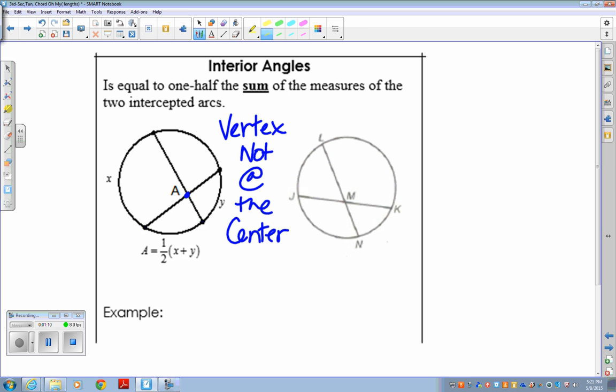It will end up being 1/2 the sum. That means we're going to end up adding the measure of the two intercepted arcs. So angle A is in the interior. I want you to hopefully recognize that angle A and, let's say, angle 1 would be vertical angles, so they would be congruent. But what you need to recognize to find the measure of those angles are the intercepted arcs, the arcs that are in the interior of those angles.